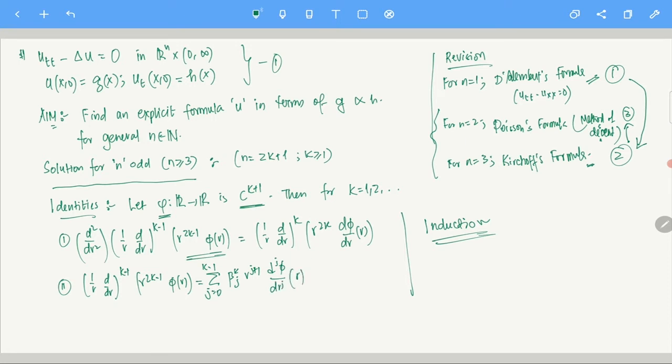Clear? Okay. Here these beta_kj's are constants, for j equals 0, 1, up to k minus 1. They are constants independent of phi.